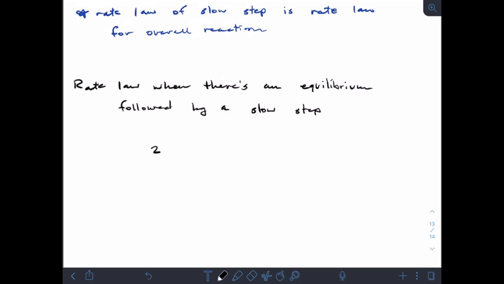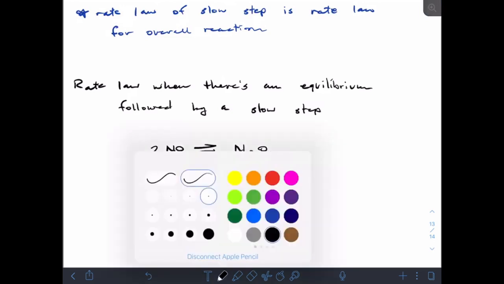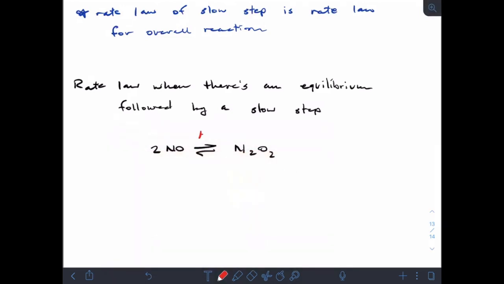So we have reaction 1 is 2NO in equilibrium with N2O2. The forward reaction will have a rate constant of K1, and the reverse reaction has a rate constant of K2. This one is the fast step.